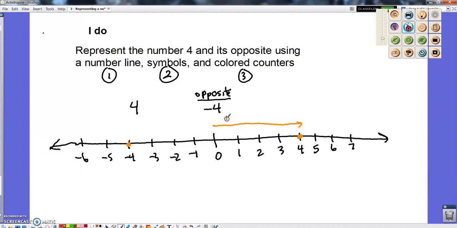This is 4 units away from 0. And if I look at the opposite of it, a negative number is also 4 units away from 0.